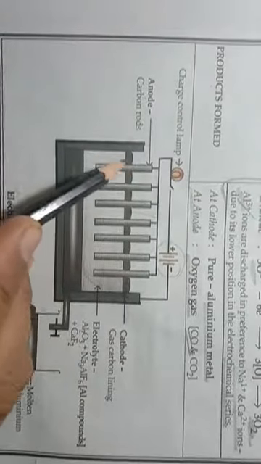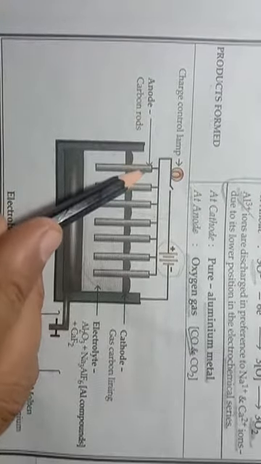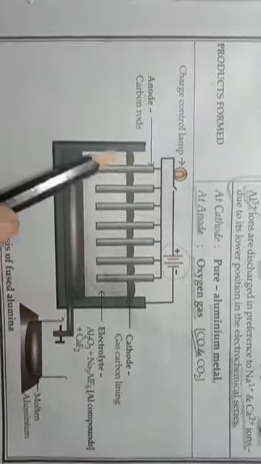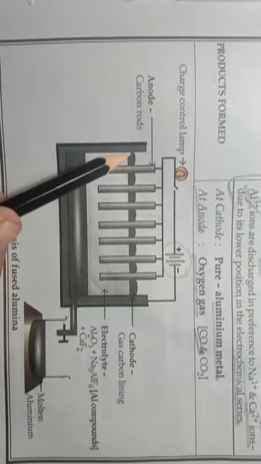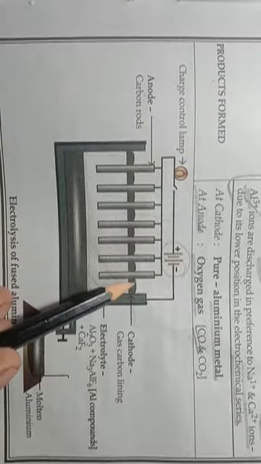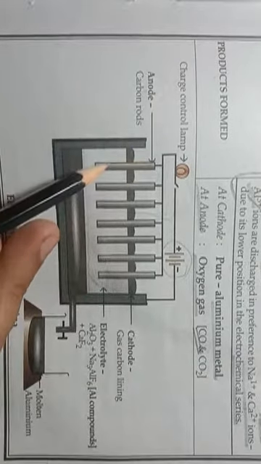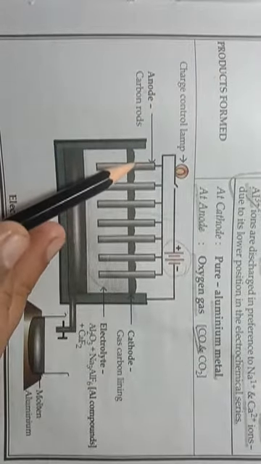At this point, the carbon electrode can start burning. So the powdered coke which we use here in the form of a layer prevents the burning of these electrodes at this point.